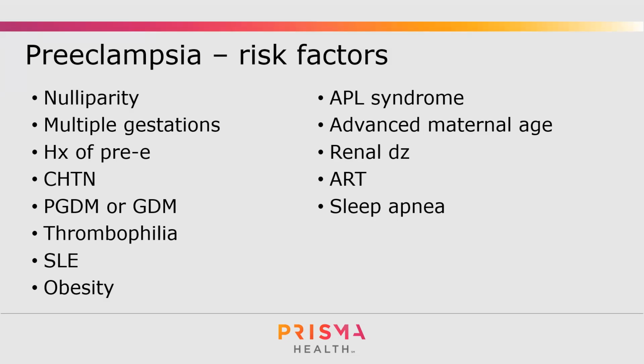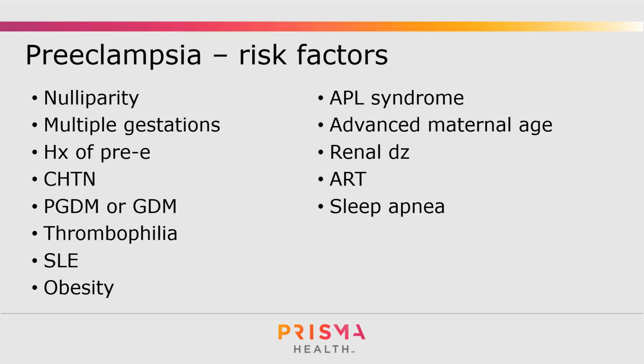Patients with chronic hypertension, pre-gestational diabetes or gestational diabetes, any woman with a thrombophilia, which is a clotting disorder, women with lupus are at increased risk for preeclampsia, obesity, antiphospholipid syndrome diagnosis, advanced maternal age, and actually what that really should say is extremes of maternal age. So a 41-year-old is at risk, but also a 14-year-old is at risk. And so think about that as extremes of maternal age and not really just advanced maternal age. Women with underlying renal disease, women who have assisted reproductive technology to get pregnant are at increased risk for this, and then women with sleep apnea.